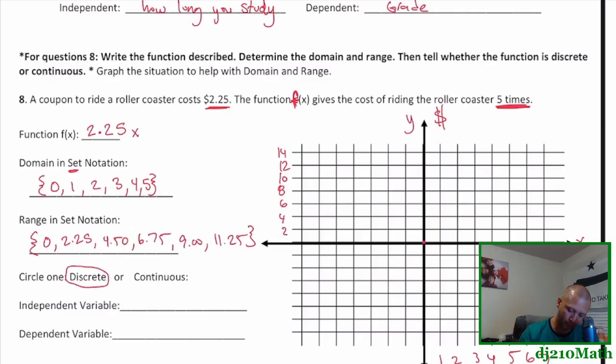So when I rode 0 times, when I showed up, 0, 0. 1 ticket, 2.25, a little bit more than 2.